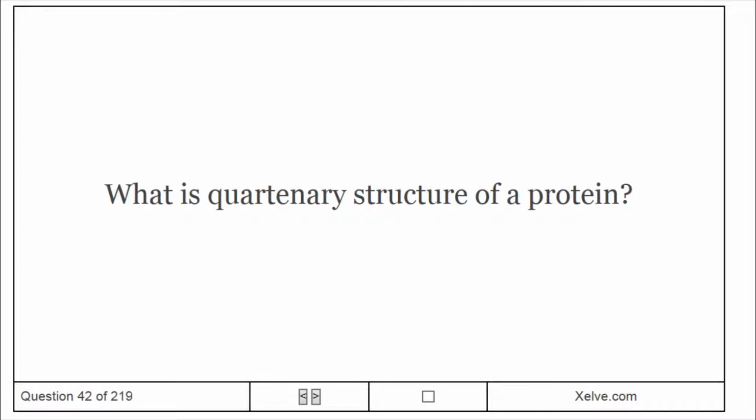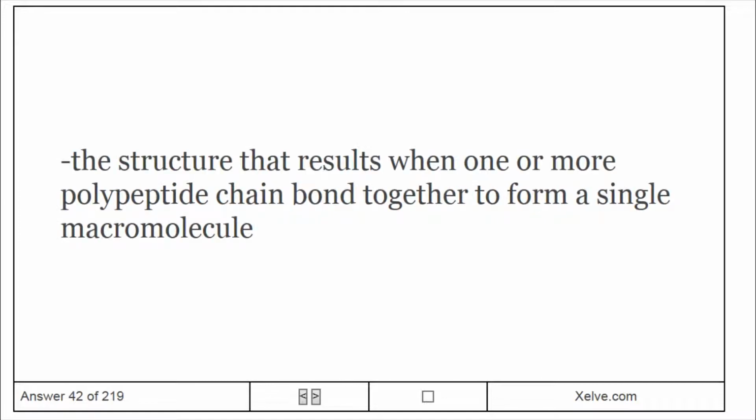Tertiary structure. What is quaternary structure of a protein? The structure that results when one or more polypeptide chains bond together to form a single macromolecule.